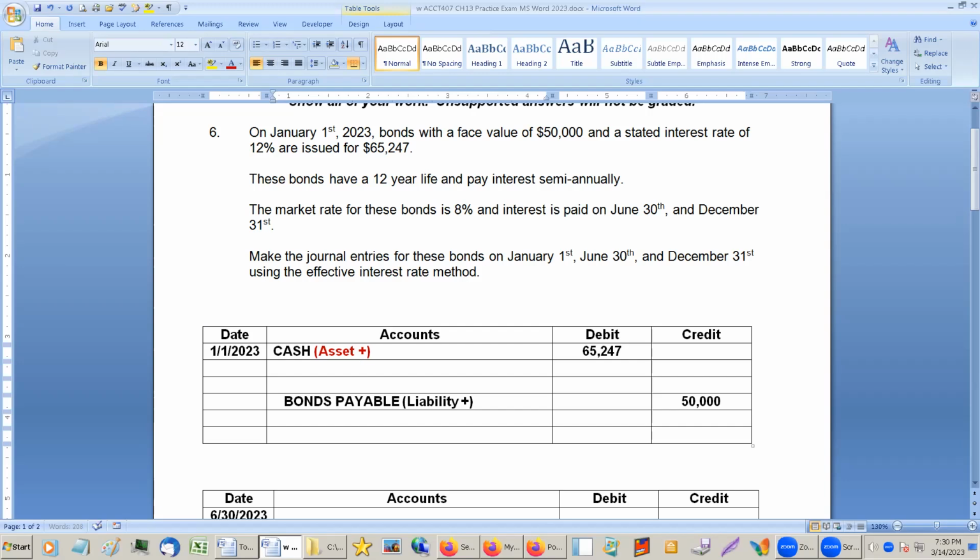What is this? Premium? Oh, wrong line. Sorry.